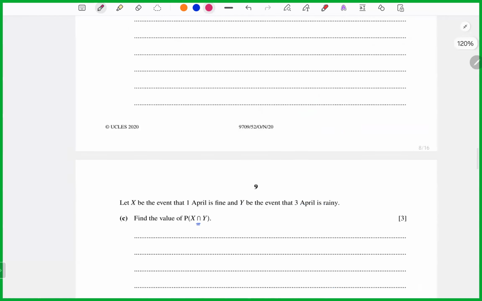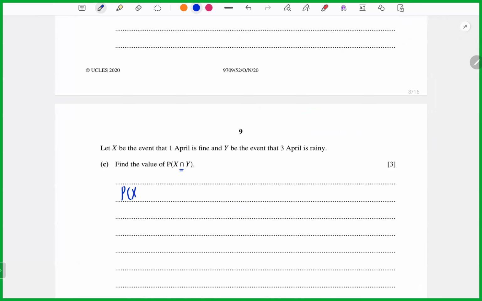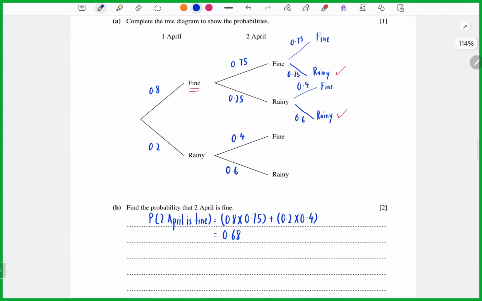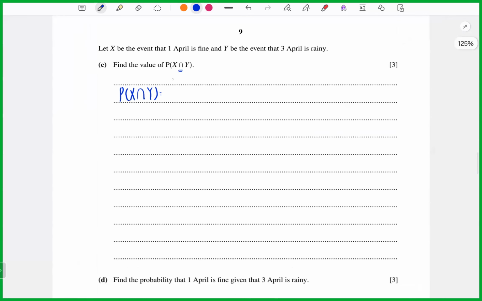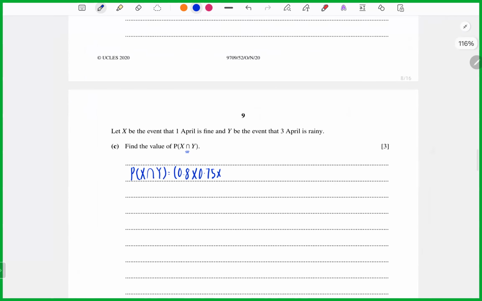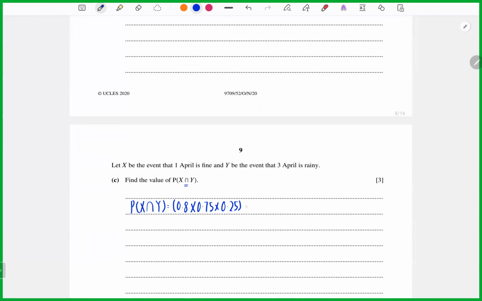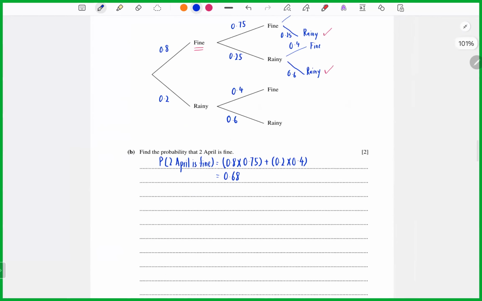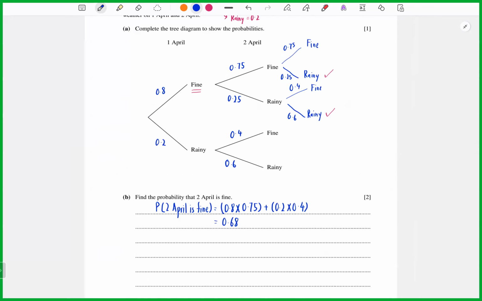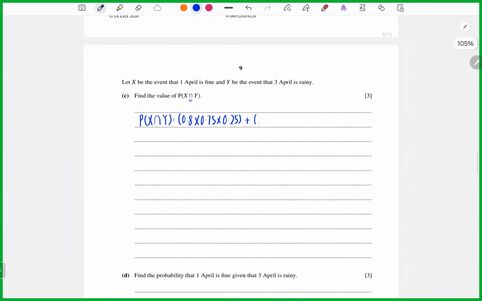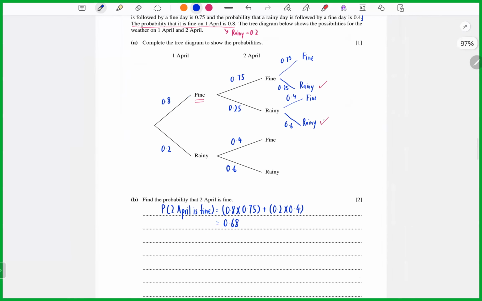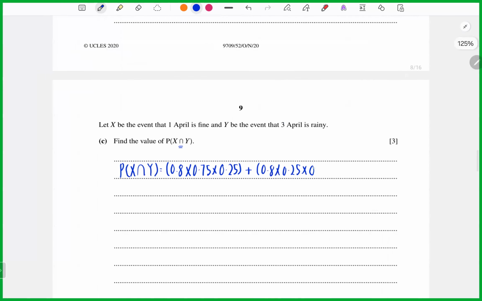So when X and Y equals 0.8 multiplied by 0.75 multiplied by 0.25, plus 0.8 multiplied by 0.25 multiplied by 0.6, because we just follow the branches.